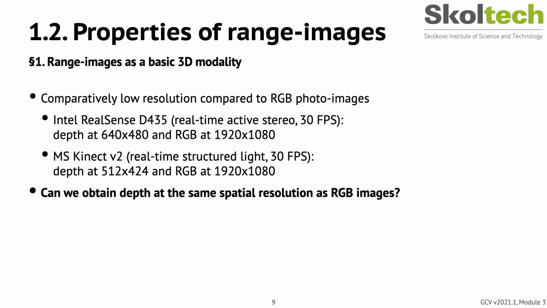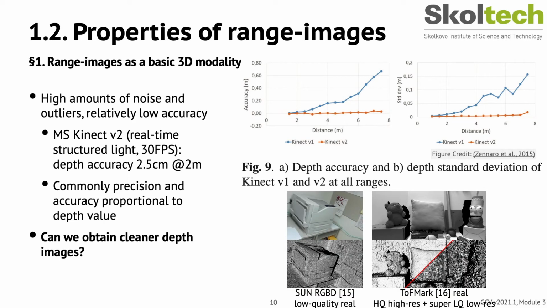The same is correct for Microsoft Kinect version 2, which is a different principle of an RGBD camera, but is also able to capture depth at 30 FPS using a projected structured light pattern. It only captures depth at 512 by 424 pixels, while RGB is also captured at nearly 4 times the same resolution. So the question is, can we actually obtain depth at the same spatial resolution as RGB images?